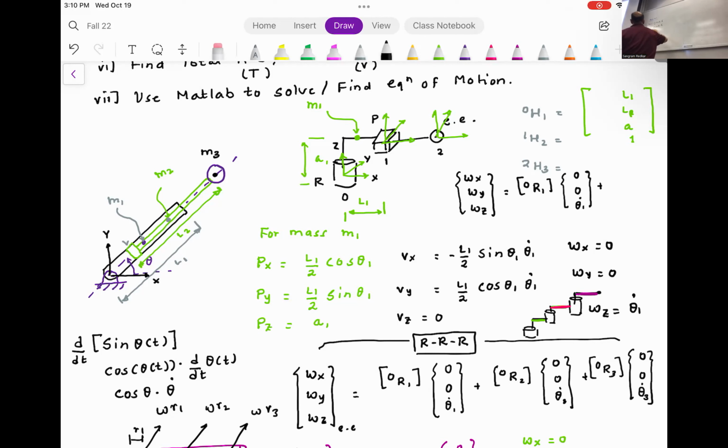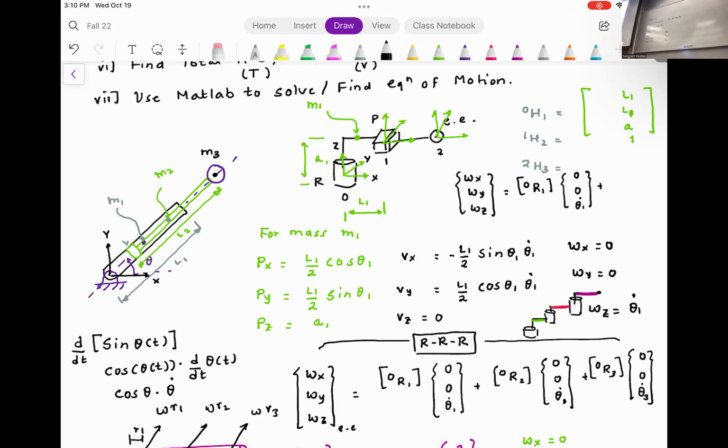These are the velocities. For mass M1, we have Mx is equal to My is equal to Mz, because mass M1 is the same in X, Y, and Z direction. However, Ix1, Iy1, and Iz1 are different.